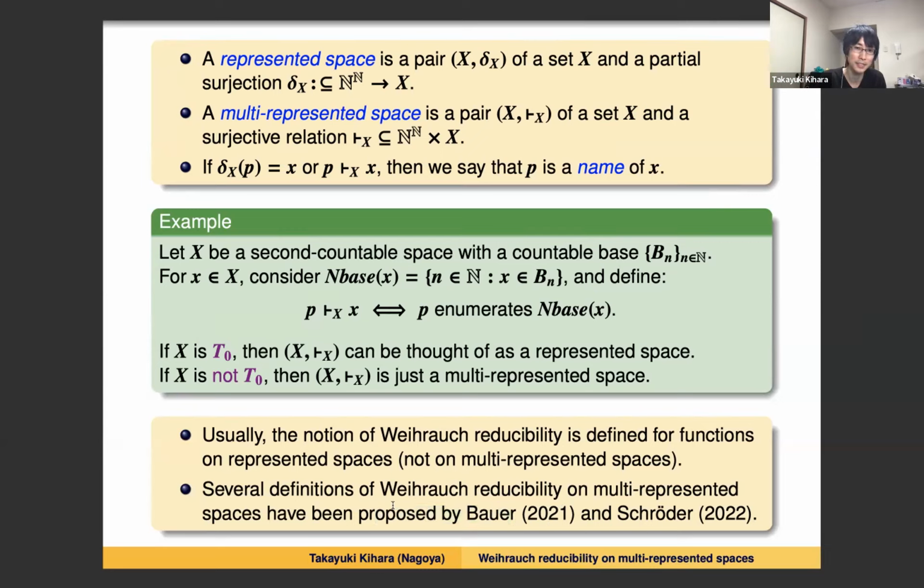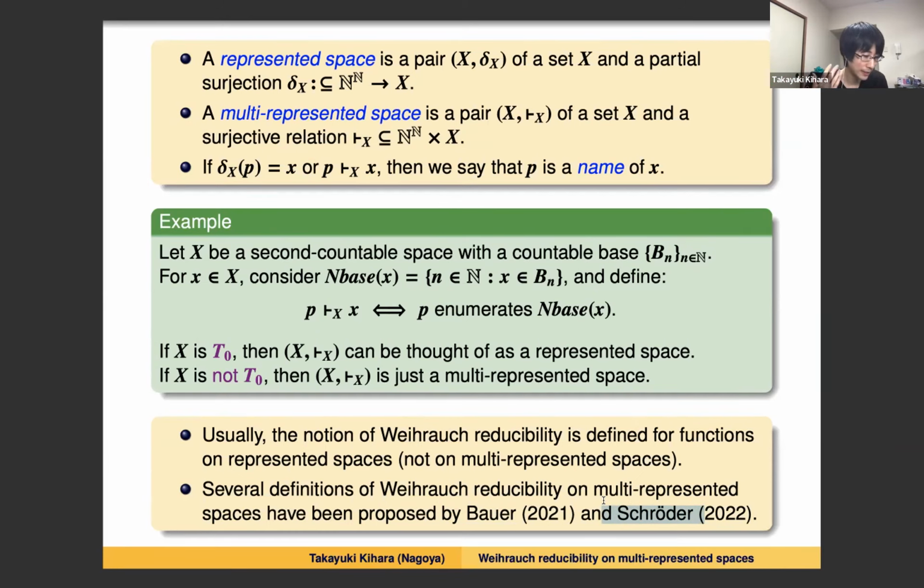He called this version of Weihrauch reducibility the extended Weihrauch reducibility. As a different person, Matthias Schröder independently introduced, more explicitly, two types of Weihrauch reducibility on multi-represented spaces. So there are a total of three definitions of Weihrauch reducibility on multi-represented spaces so far.